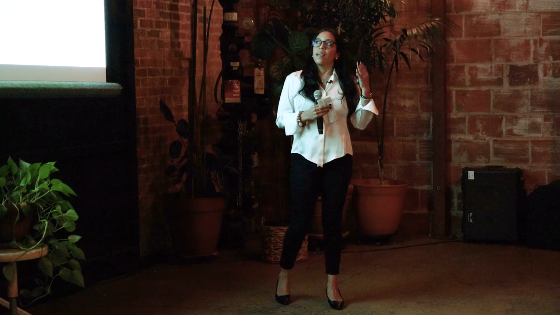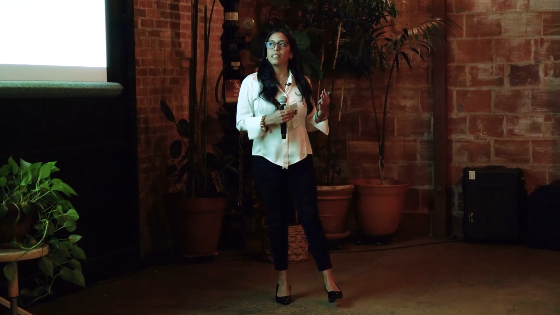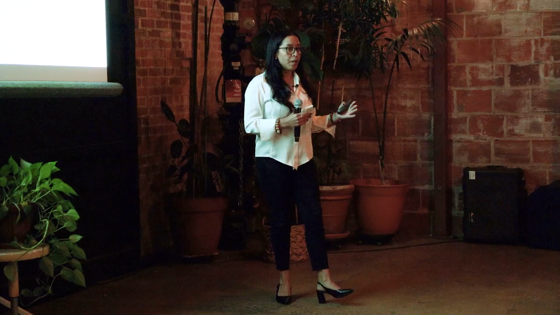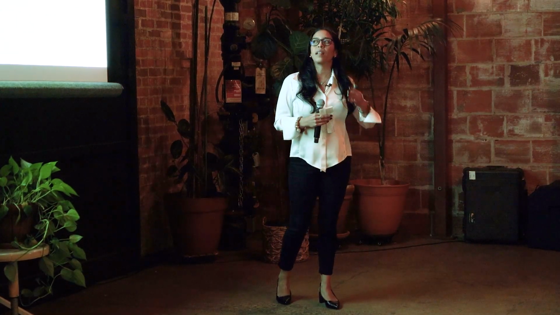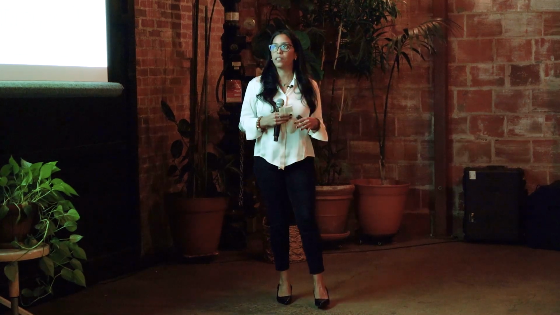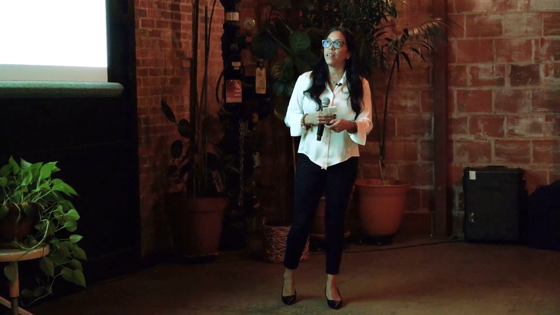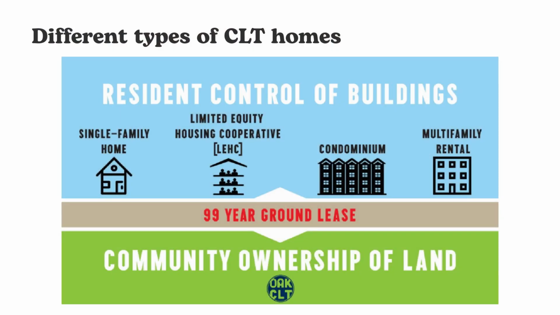So, I've been talking a lot about homes on CLT land because that's typically what most of the CLTs that I work with and know about throughout California are doing. The vast majority are working on homes on top of CLT land, and there are different types of homes on CLT land. Single family homes are a big one that I speak to because that's a huge part of the housing landscape in East Palo Alto.